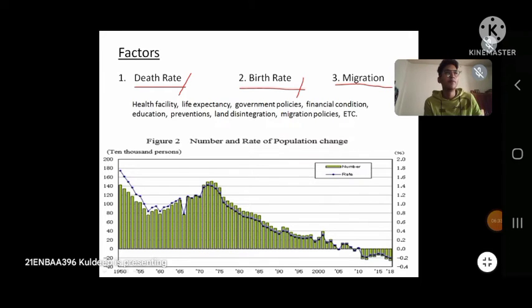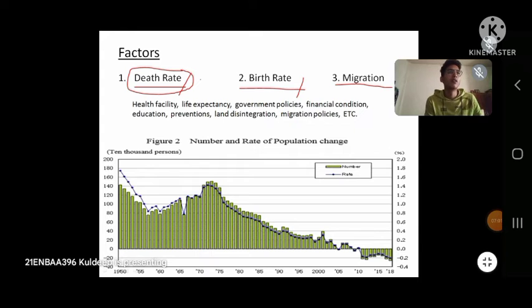Now if we look at the history, whichever country controlled the population always worked on the death rate, and that resulted in the control of the population.